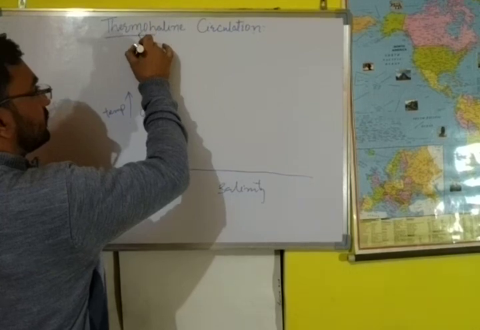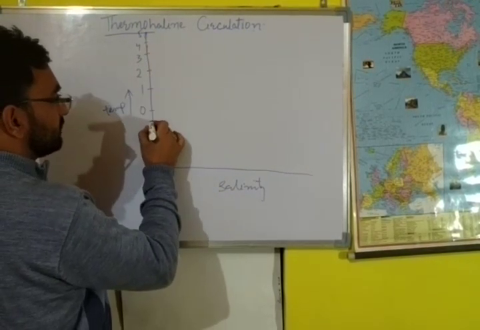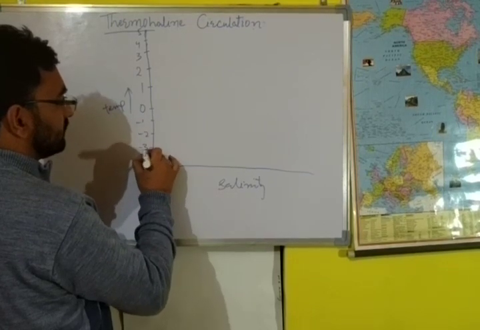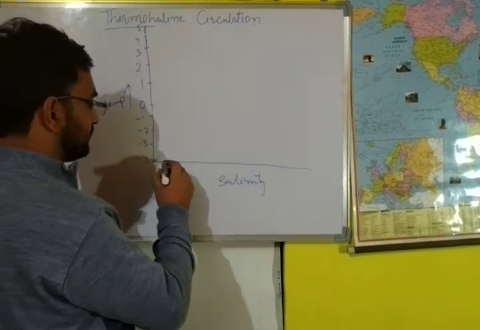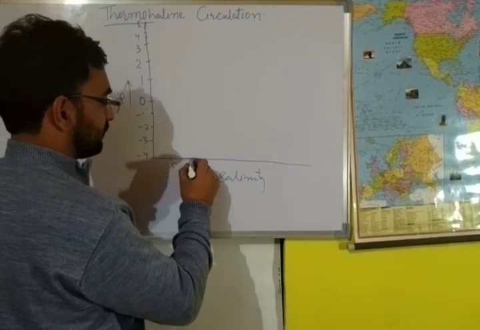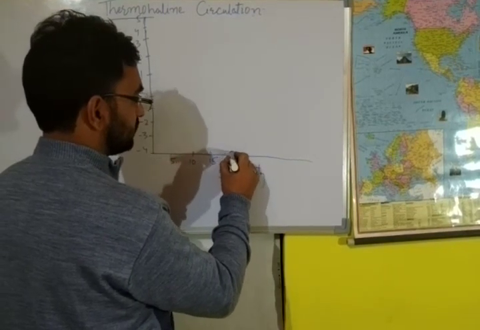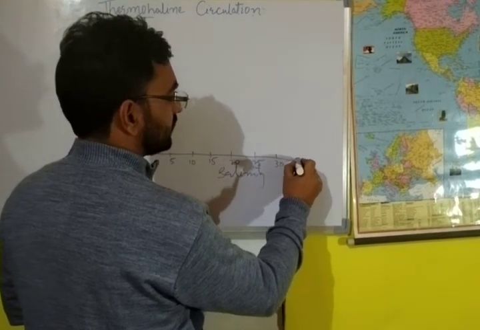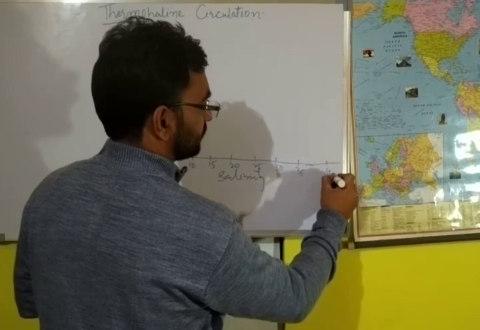This is the 5, 4, 3, 2, 1 and 0. Then -1, -2, -3 and -4. And I will take salinity on the x-axis, which is like 5, 10, 15, 20, 25, 30, 35 and like 40.